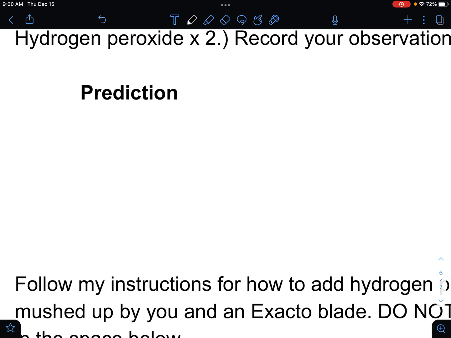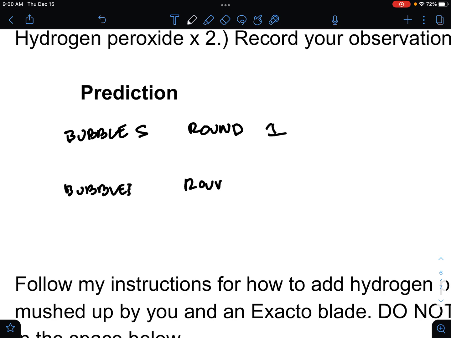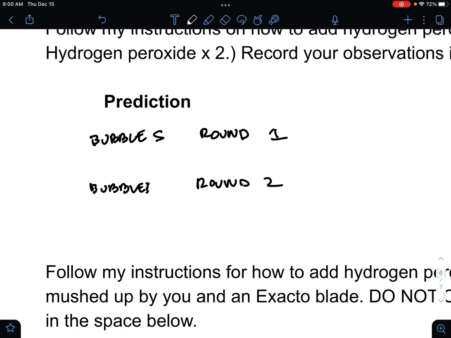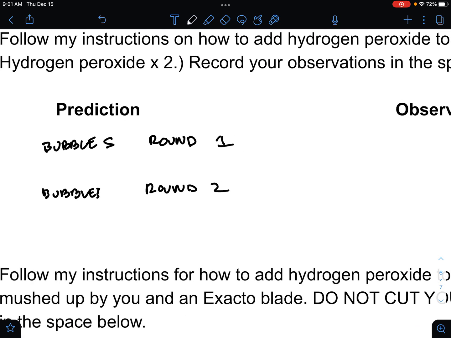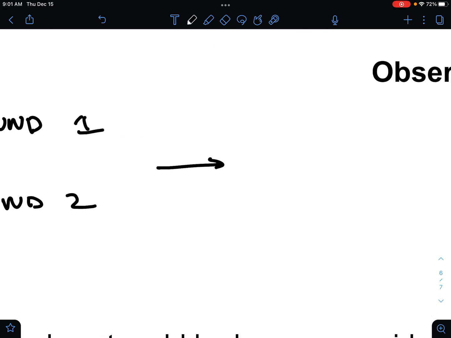And we saw bubbles in round 1 and bubbles in round 2. And the reason for this is because, remember, catalase is a catalyst.